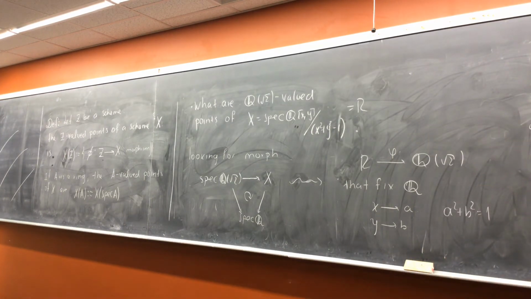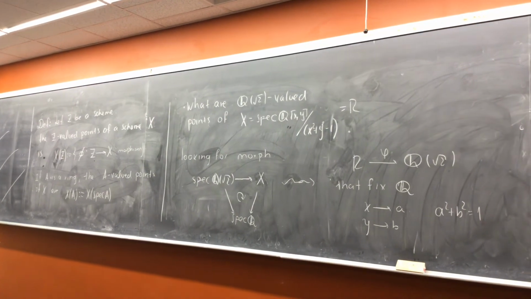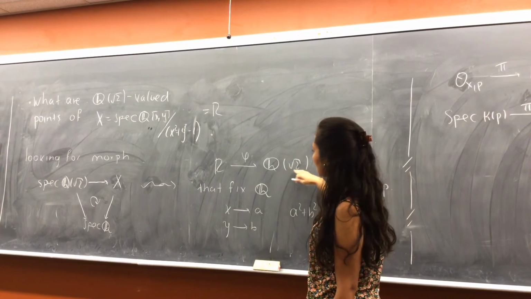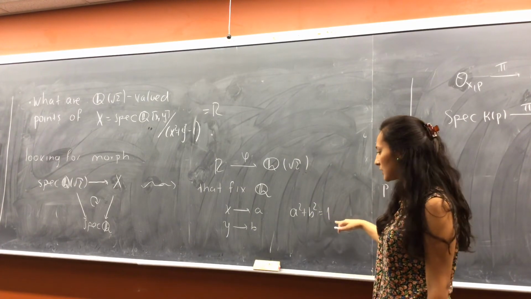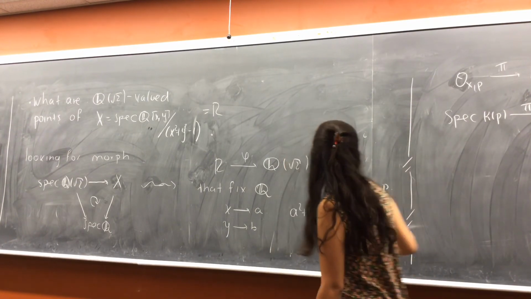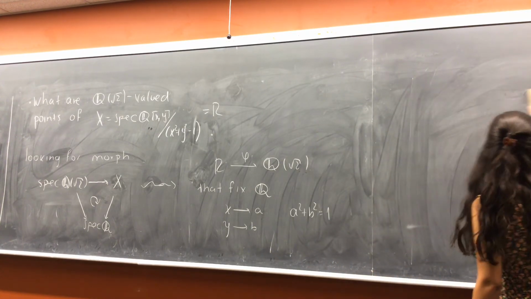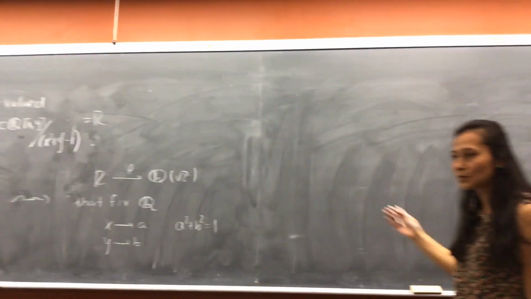So all this is really saying is find points in Q root 2 that belong to the circle x squared plus y squared equals 1.